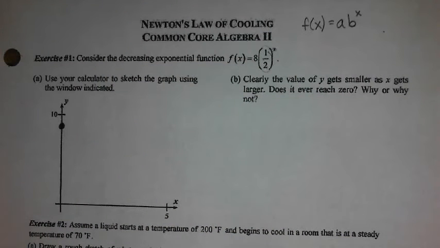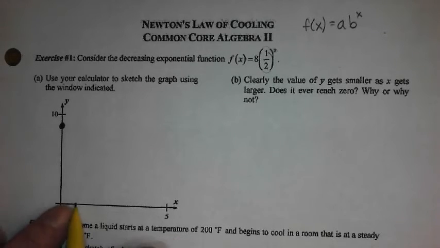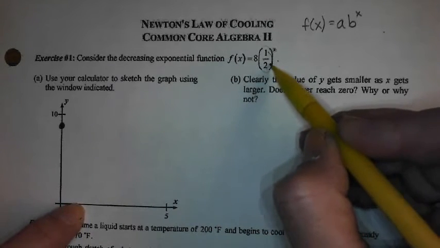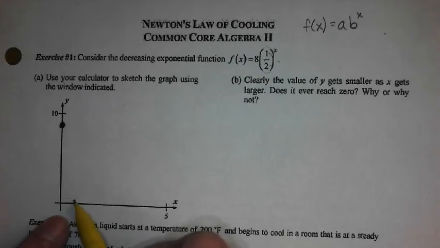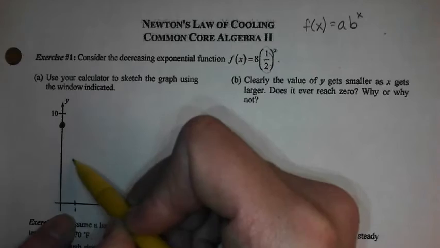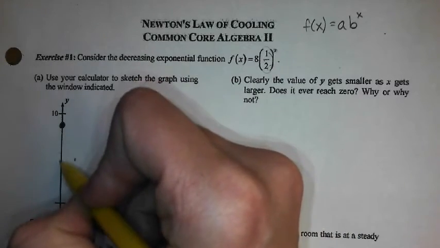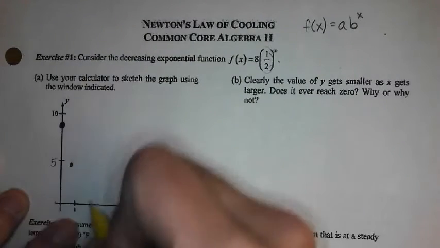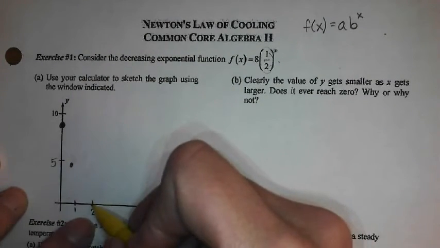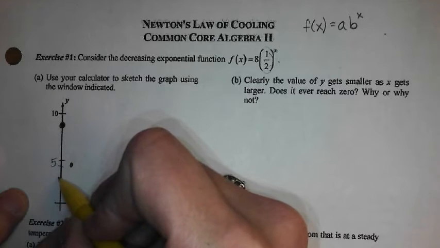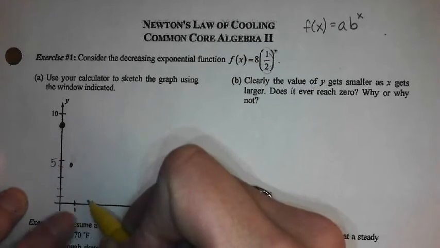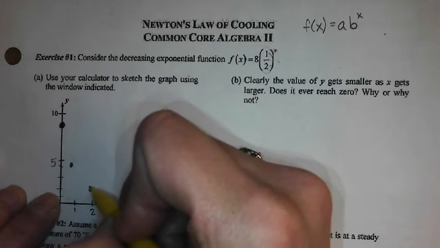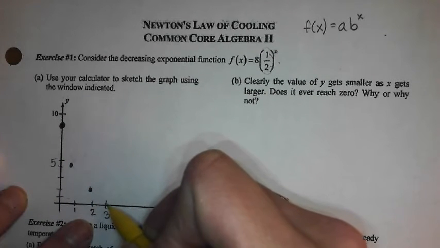Okay? And then 1 unit later, since I'm consistently multiplying by a half, what will the value be 1 unit later? 4. Let's see, 5 would probably be about there. 1 unit later, what would the value be? 2, because 4 got chopped in half again. 1 unit later, what would the value be?